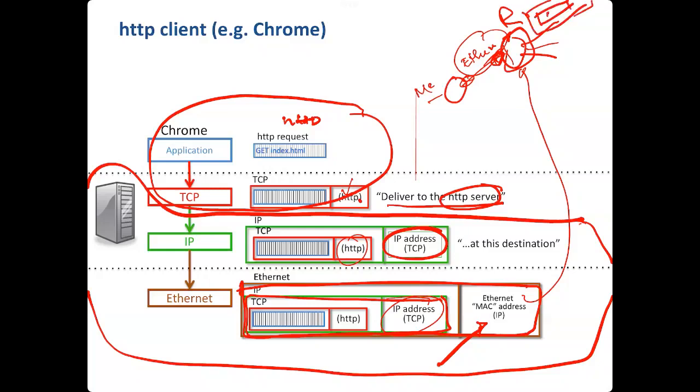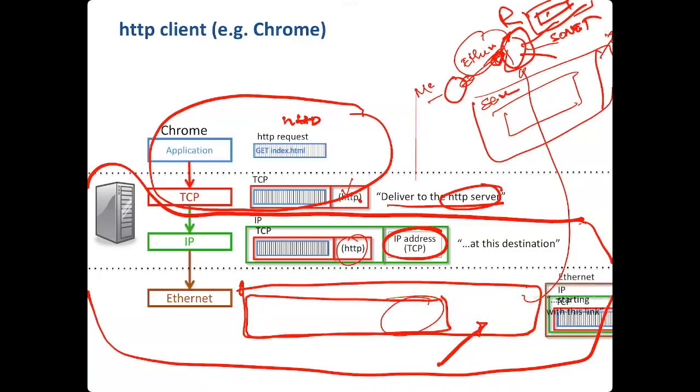Like if the second link, instead of Ethernet, is Sonet, it will put this IP packet inside a Sonet frame, and here the destination will be the end of the link address, whatever is connected there. Okay, this is how the packet travels.